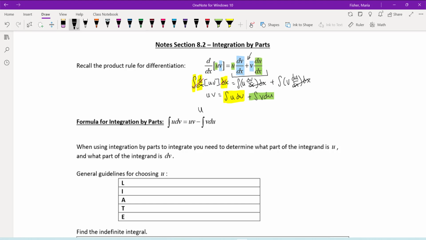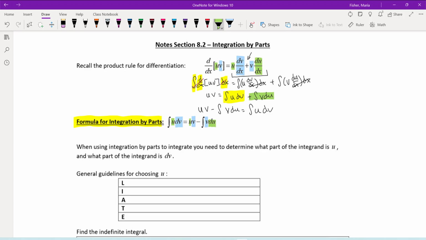So we end up with uv minus the integral of v du is equal to the integral of u dv. Now that is this formula right here, and that's your formula for integration by parts. For integration by parts, if we're given the integral of a product u times dv, that is always going to equal u times v minus the integral of v du.